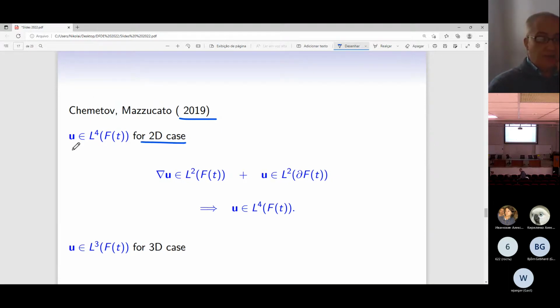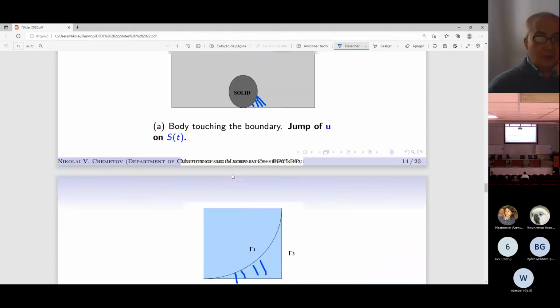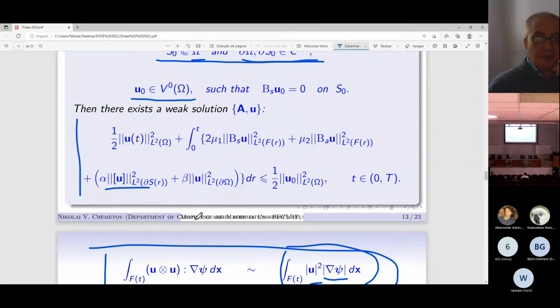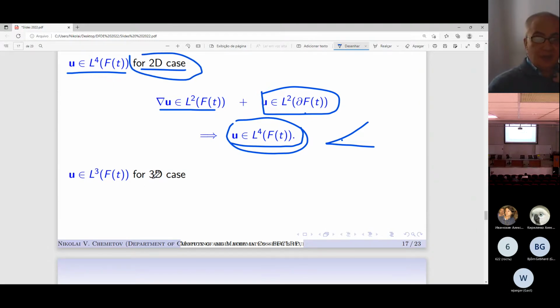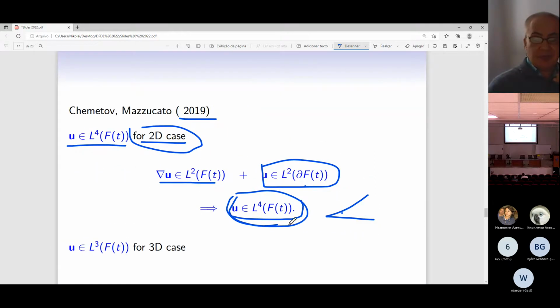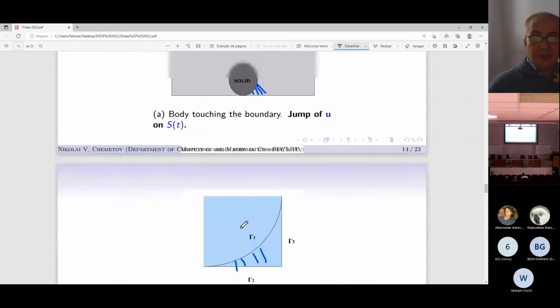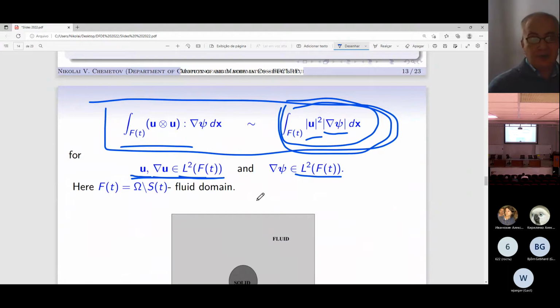In the two-dimensional case we have shown that if the gradient of U belongs to L2, and the velocity on the boundary of our solid belongs to L2, which is in fact guaranteed by the energy estimate, then it's possible to show that in any domain with cusps, with any kind of cusp, our velocity belongs to L4. For this reason, in this talk I have limited myself to the two-dimensional case. As a consequence, having these a priori estimates and this embedding result, our convective term is well defined.